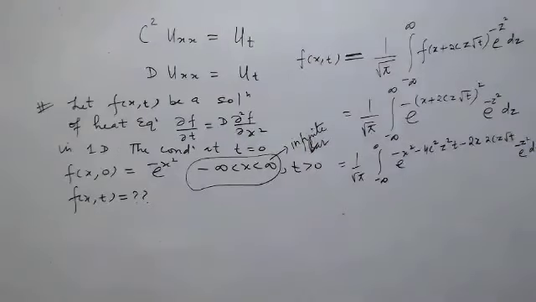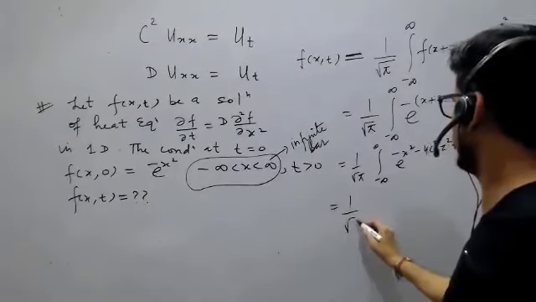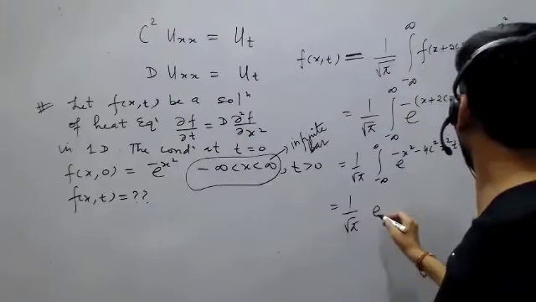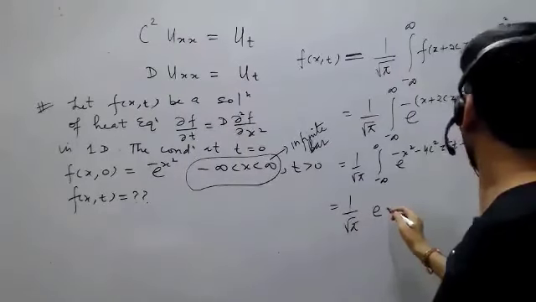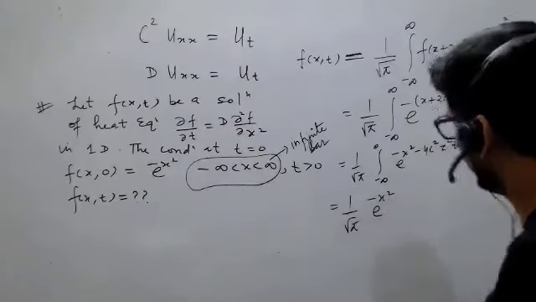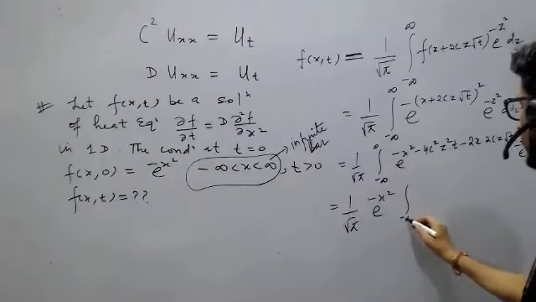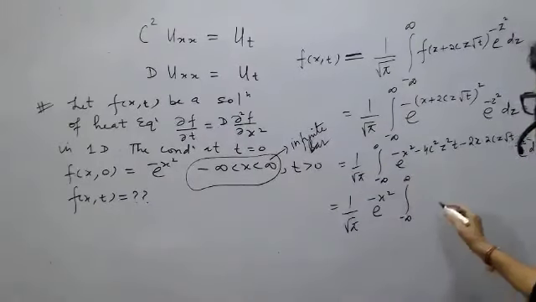Correct? Any mistake? So it will become 1 by under root pi, e to the power minus x square outside, and integral from minus infinity to plus infinity.